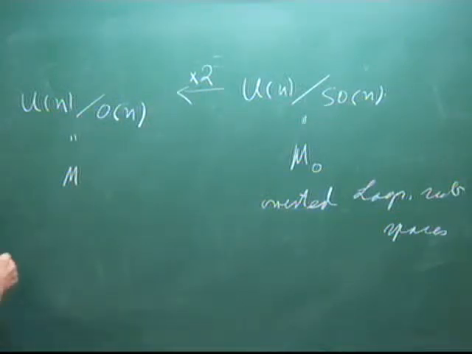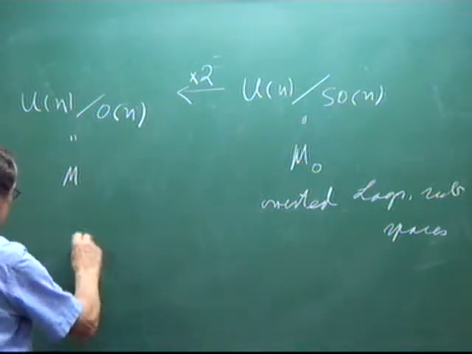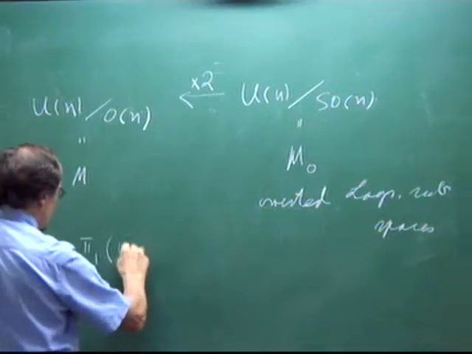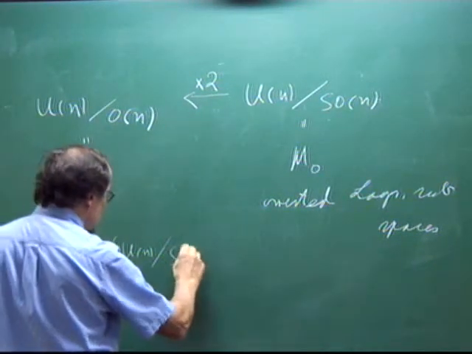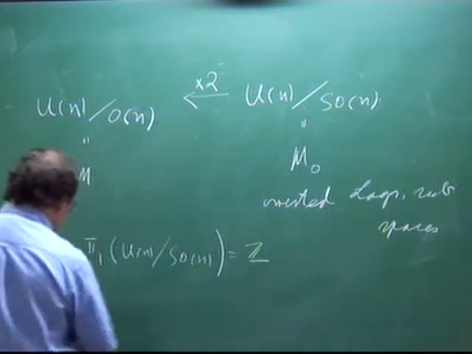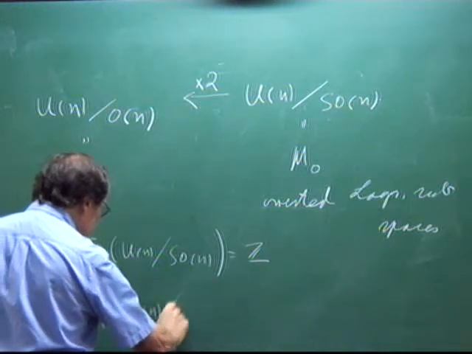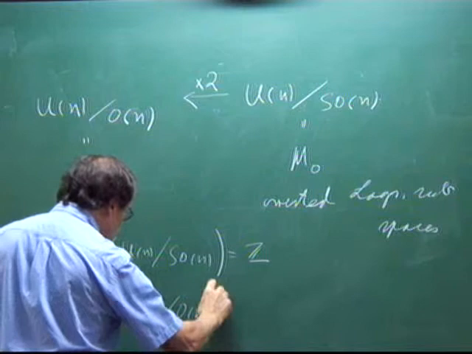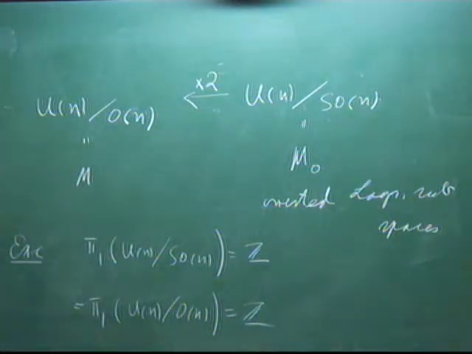And so another exercise, which we should discuss on Friday, is that pi 1 of these oriented Lagrangian subspaces is equal to Z. It turns out it's actually the same thing as unoriented. It's also equal to Z. And the fact that it's equal to Z is important.